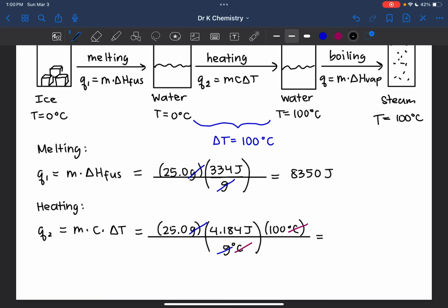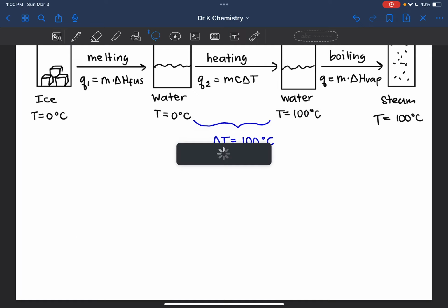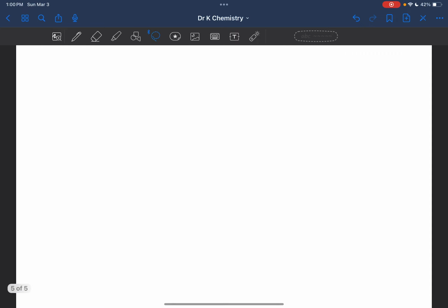And that's exactly what we want because we want the units to be in joules. Okay, I'm getting 10,460 joules. And I'll just copy that over to the next page so we have everything in the same spot, and then we'll do this for the boiling process.